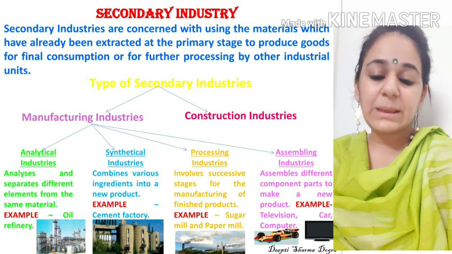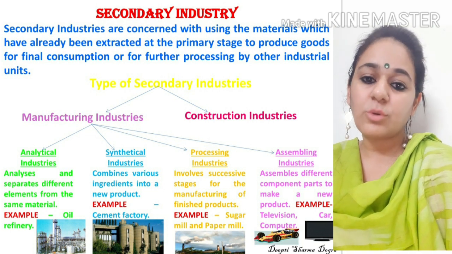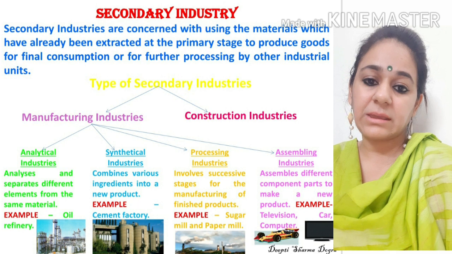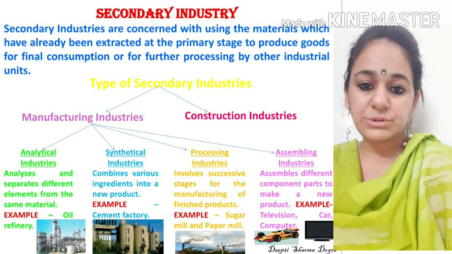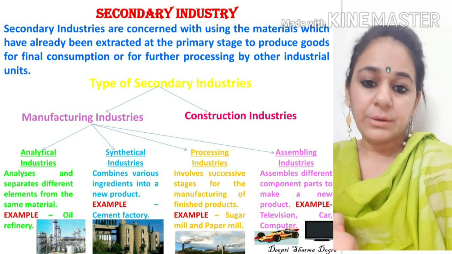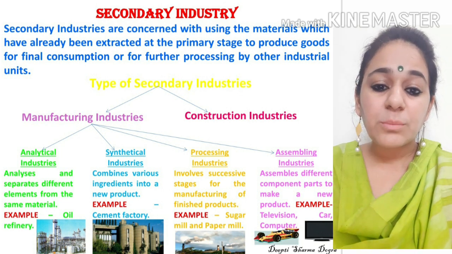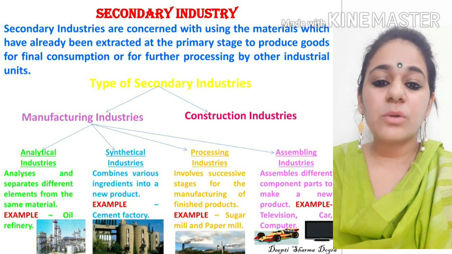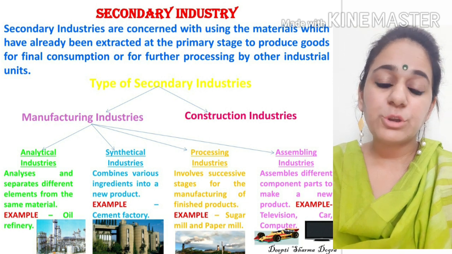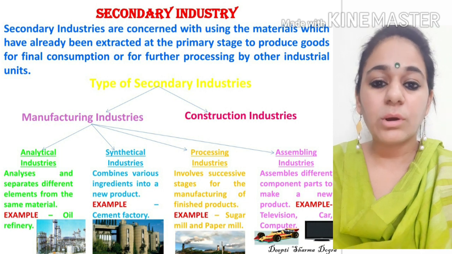Means the raw material that we have already extracted at the primary stage, we use that raw material, process it further and convert it into a finished product, which the customer can finally consume and use. Am I clear? For example, sugar mill. In a sugar mill, the raw material used is sugar cane, which has already been extracted in primary industry through farming, right? And this has been further processed into a useful product, into a final product for consumption, that is sugar.